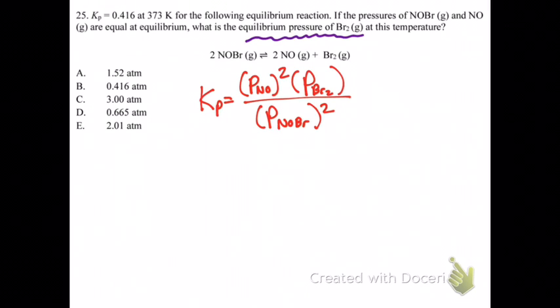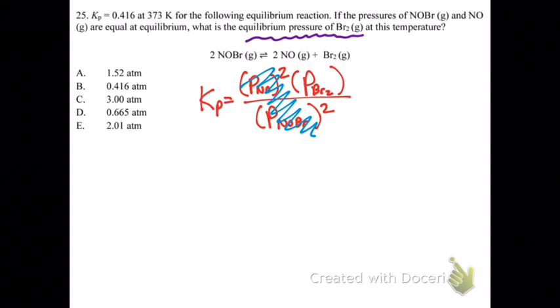Now, we're also told here that NOBr, which is this, is equal to the partial pressure of NO. So actually, this is going to make our lives a lot easier, because if those two are equal, then if we square them both, they're still equal. And if we divide one square by the other, guess what?